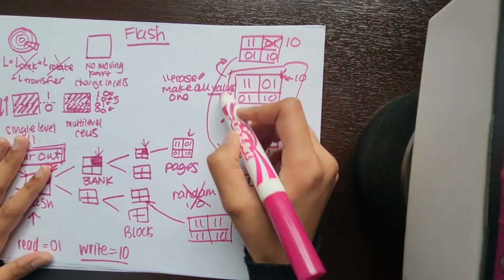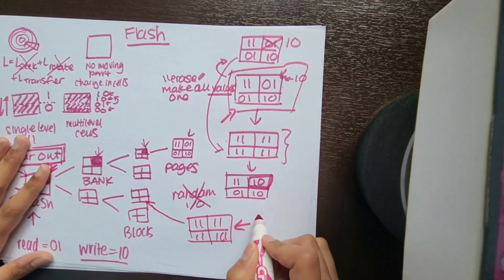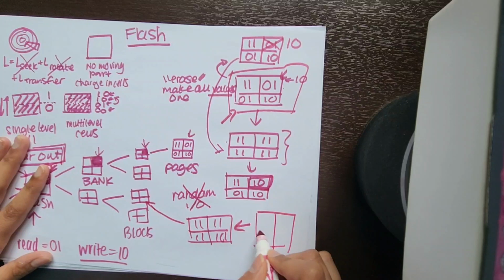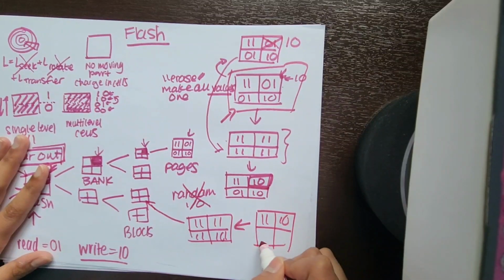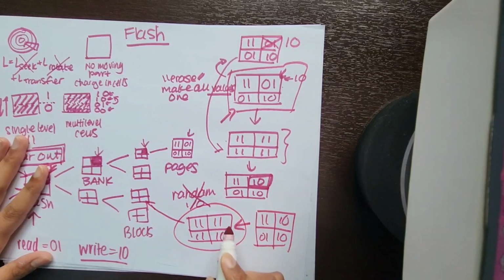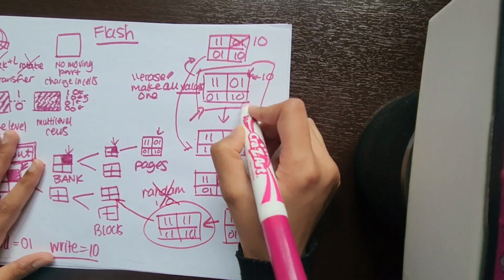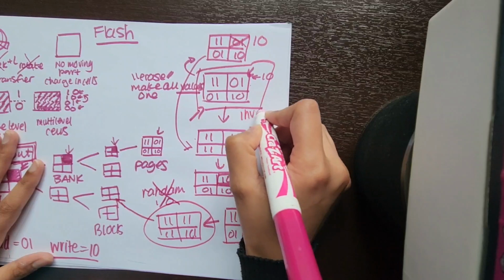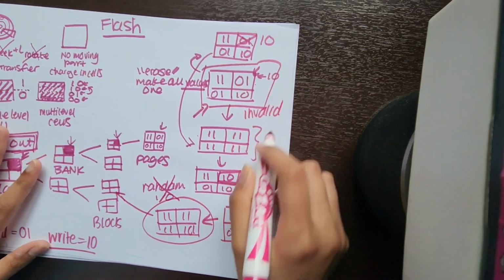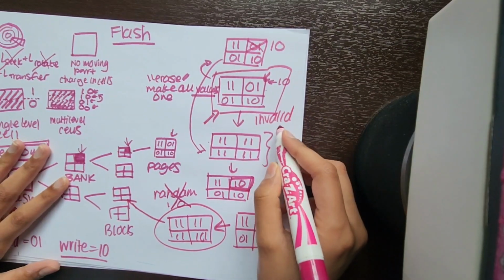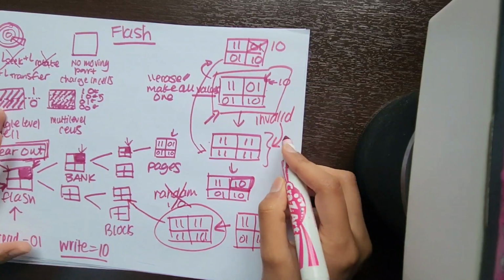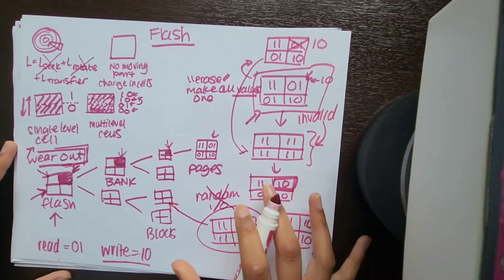So you can copy this block into memory and then modify it and then assign this new block to this other block, and then you just have to set the old block to invalid, and then eventually another process will come and do this clearing up process for you, but you don't have to do it immediately.